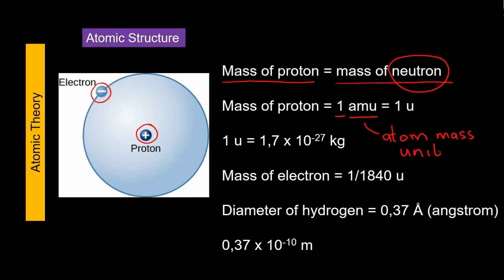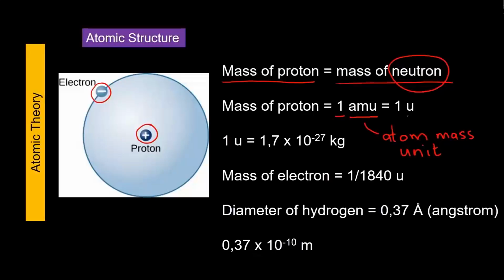So they're saying one proton has mass, therefore we're going to say that one proton is 1 atomic mass unit. And they write it like this, 1 u, so that u stands for unit, and so it is the unit of mass of the proton.